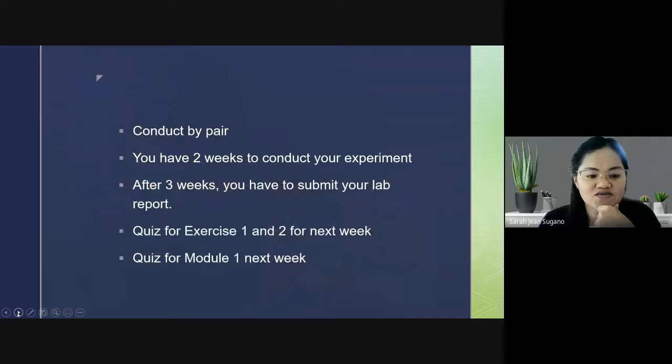Okay? So, in the conduct of the experiment, you have to conduct it by pairs. How many of you are in the class? 18? So, we have 9 pairs, and only one of the pair will conduct the experiment.